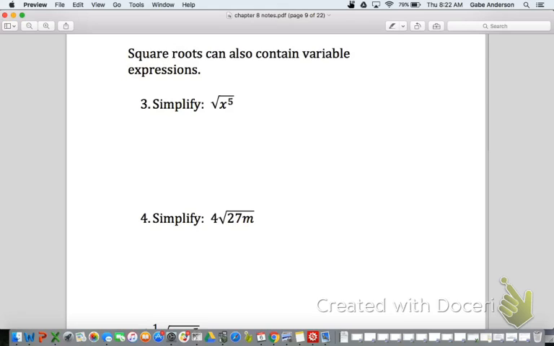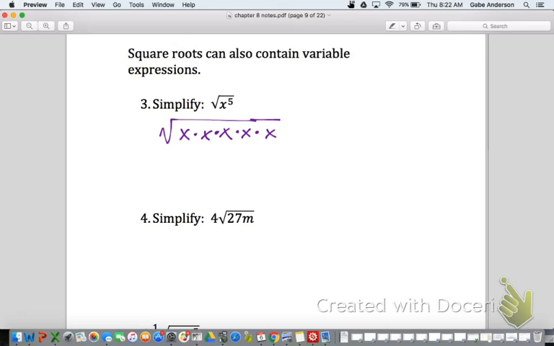What's nice about these is finding the prime factors of x to the 5th is a whole lot easier than doing all those factor trees and factor ladders. Here's all you really got to do for x to the 5th. We'd say square root of x times x times x times x times one more x. That's what x to the 5th is in its prime factors.